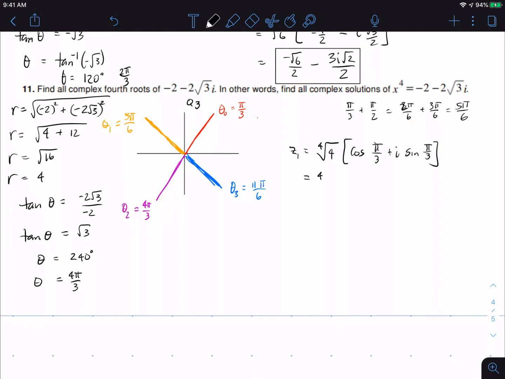So that's going to give me the fourth root of 4 times cosine of pi over 3, which is 1/2, and this is going to be radical 3 over 2. And we can leave it that way. It's not a big deal.